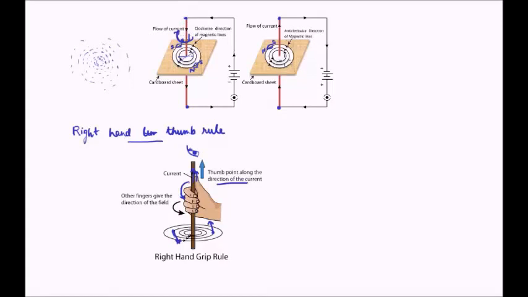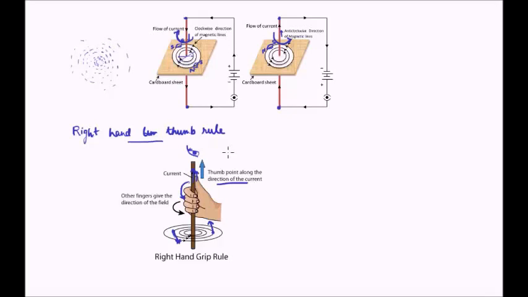Whereas in this case, since the current is going from bottom to top, your thumb points upwards and curling the fingers will produce the direction of magnetic field in anti-clockwise direction as seen from top. That is what was shown here. So this right hand thumb rule is a very simple way to find out the direction of magnetic field due to a current carrying wire.